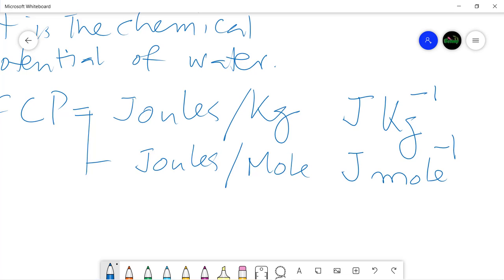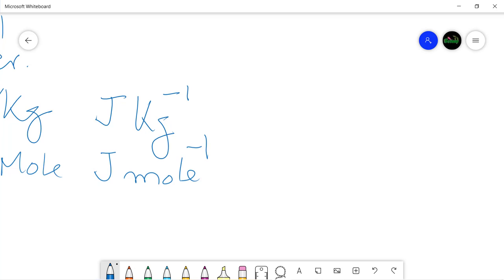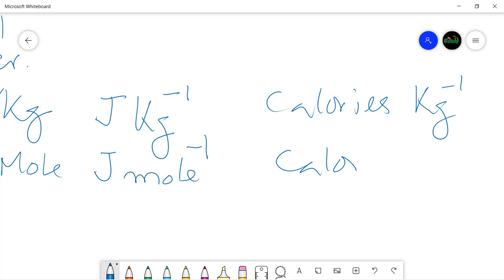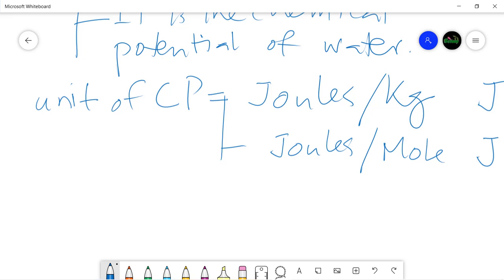And even in the past, calories have also been used. So calories per kg and calories per mole. So these are the units for chemical potential, and the same units have been used for water potential as well.